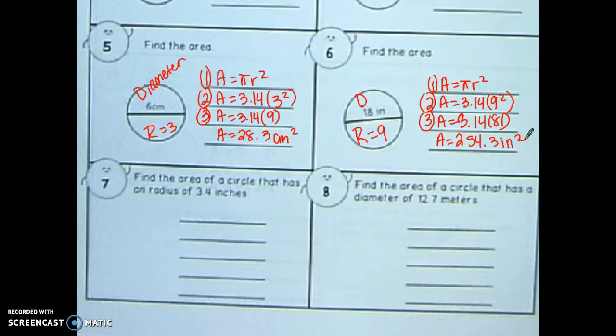Number 7, find the area of a circle that has a radius of 3.4 inches. Area equals pi r squared. Area equals 3.14 times the radius, which is 3.4 squared.